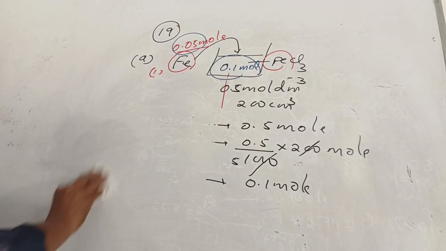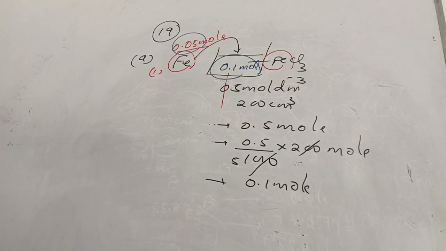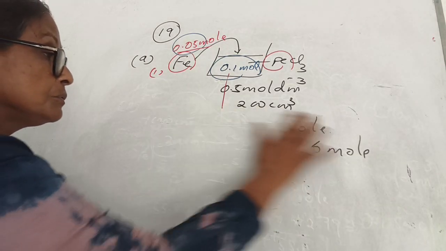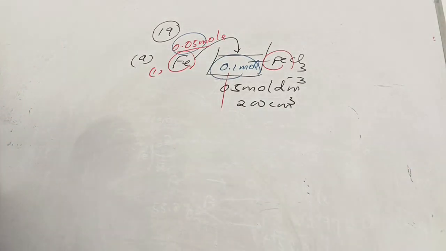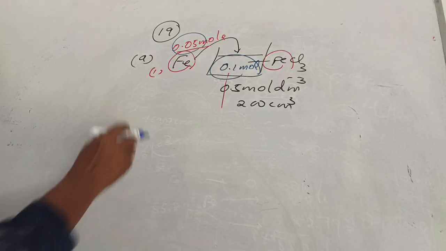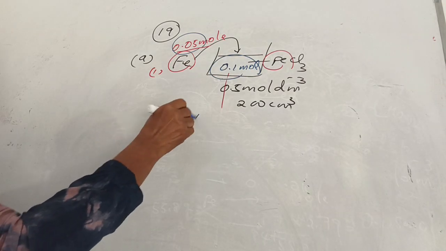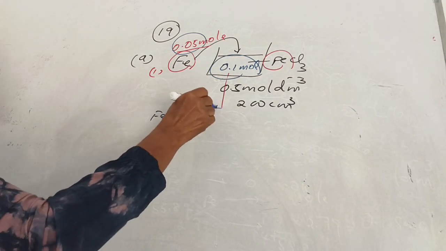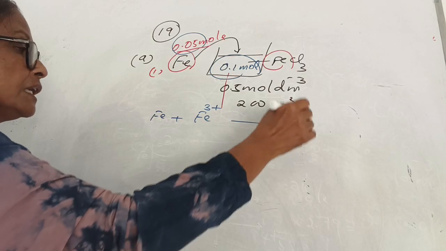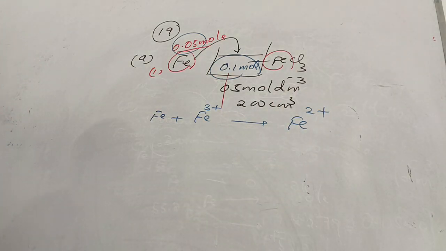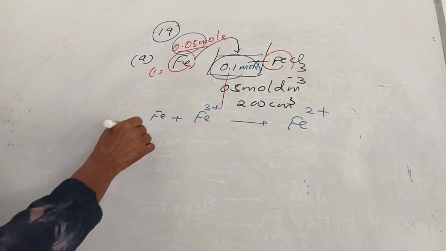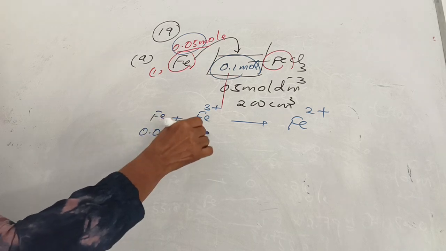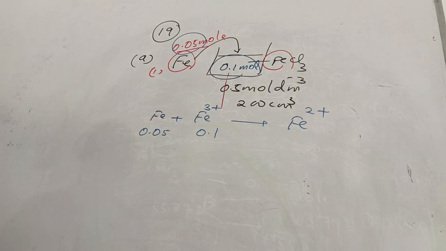The third part asks for the ionic equation for the reaction of iron with iron chloride, and you should mention the state symbols. Iron reacts with iron 3 plus, and finally everything converts to iron 2 plus. Iron reacted was 0.05 and iron 3 plus 0.1.